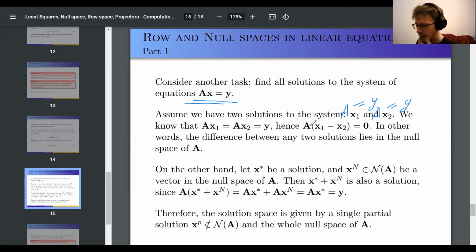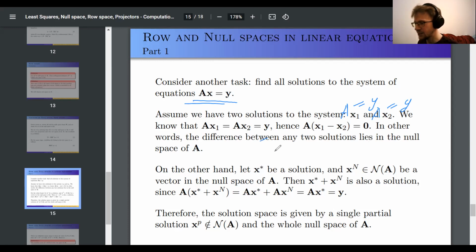That means that the difference Ax1 minus Ax2 is equal to 0. In other words, the difference between any two solutions lies in the null space of A. That is a key fact in using linear algebra fundamental subspaces to find the answer. The difference between any two solutions lies in the null space.